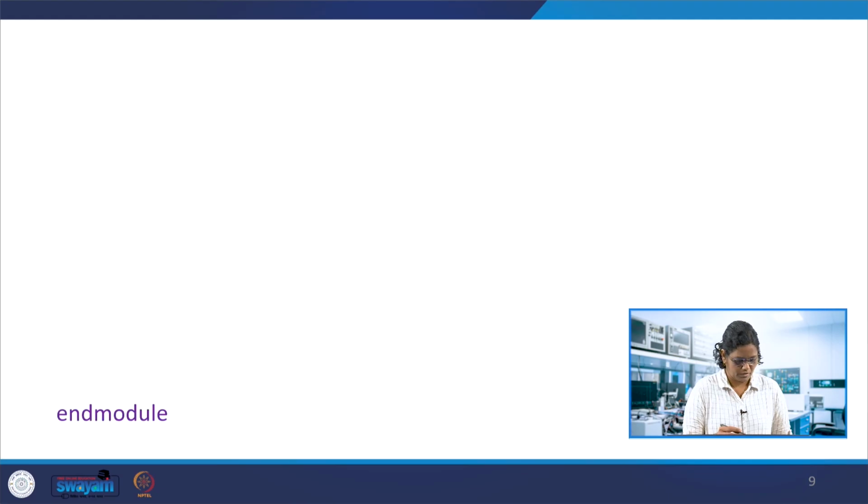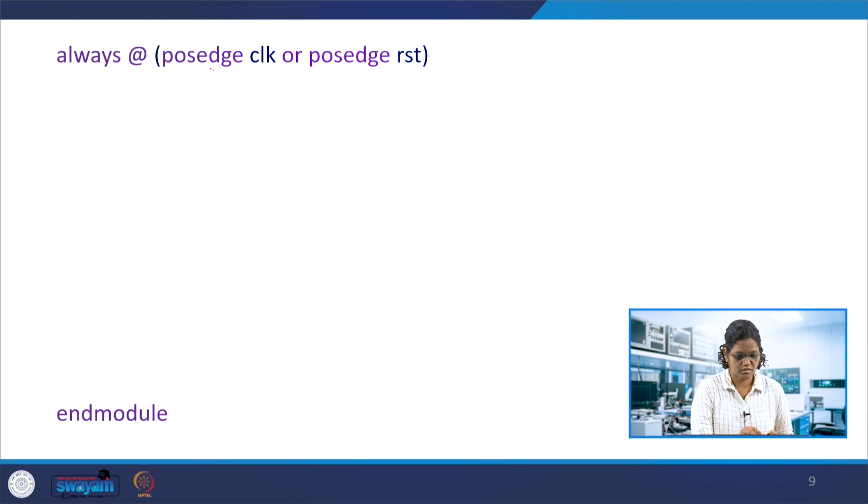Let us see: always @(posedge clock or posedge reset). Here this is an asynchronous reset. In the previous case we didn't consider the reset, only the posedge of the clock, and the data was transferred. Here the sensitivity list contains the posedge of reset as well.